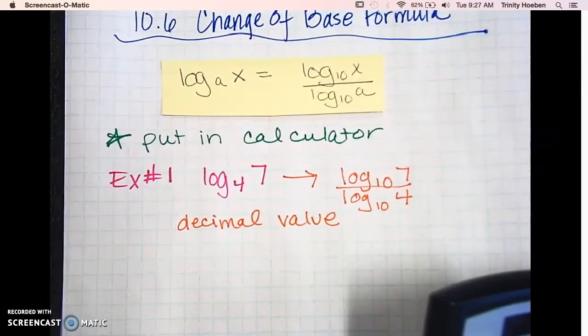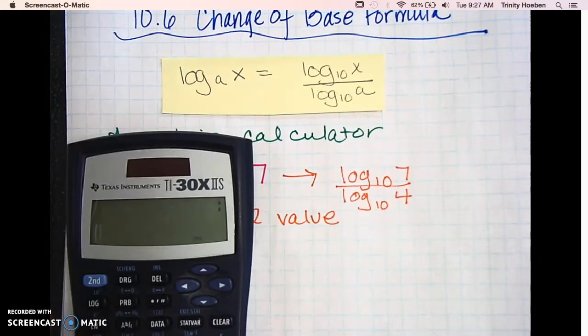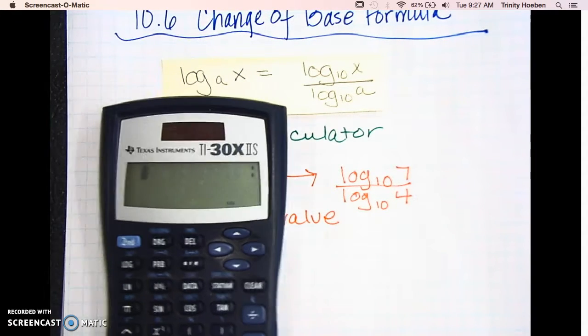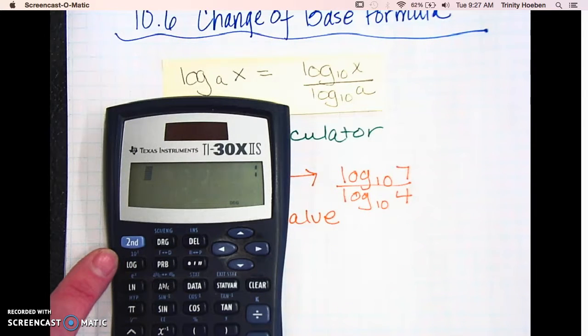Okay. So you're going to take your calculator and you're going to use the log button. Notice above the log button in light blue it has 10 to the power of x. That means it's already in base 10. So you're going to type the log button.